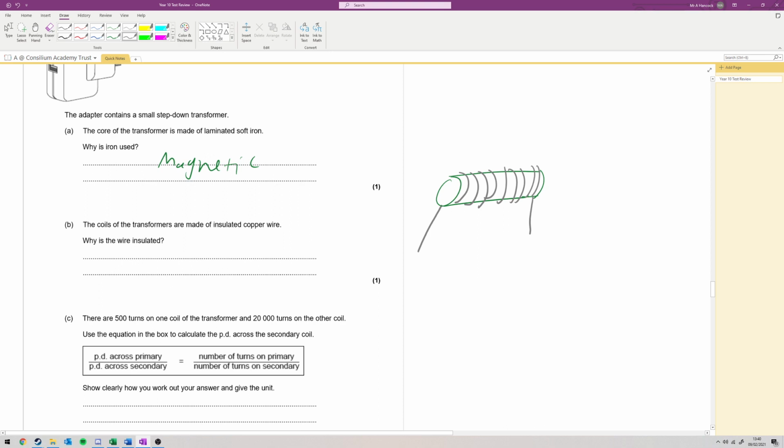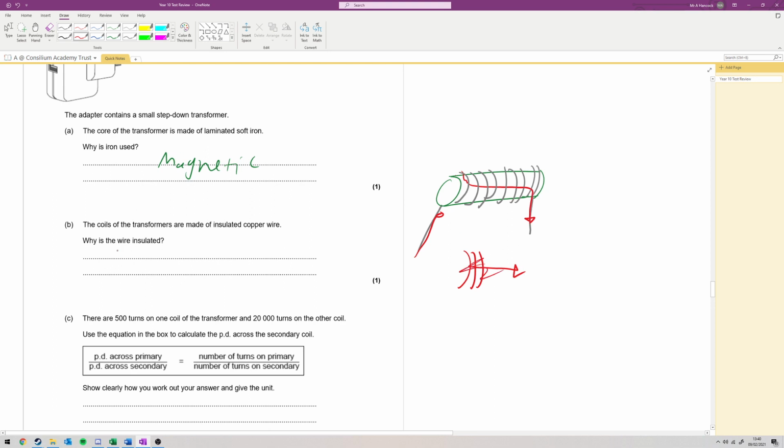If this wire is not insulated, my current flows in here, and then it goes, actually, there is a much easier path, I'm going to go that way and out. The current will flow through the iron core if the wires are not insulated. Or if you've got it really tightly wound together and you've got 2 bits of wire that are touching and they're not insulated, it could just flow through the wire like that and completely bypass the coils, which is the whole point of an electromagnet.